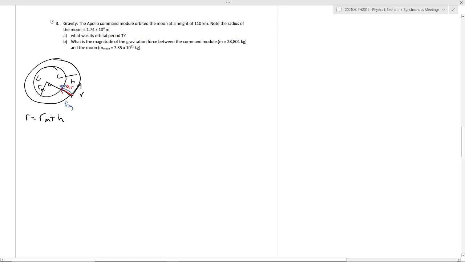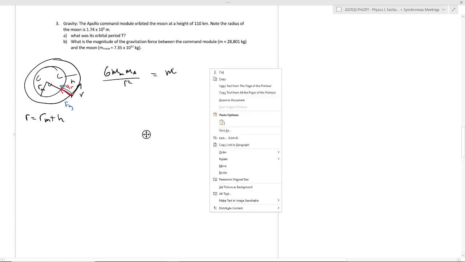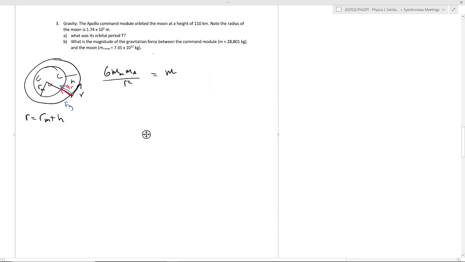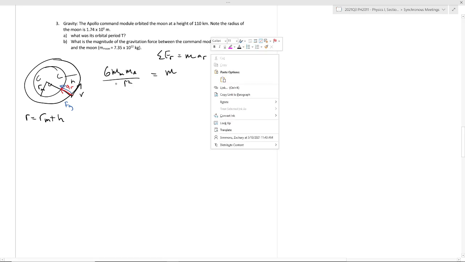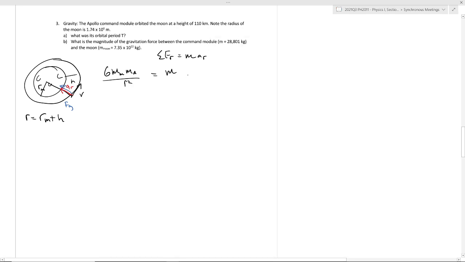And kind of the starting point for most all of these problems is the mass of the moon times the mass of Apollo over r squared is going to be equal to the mass times the centripetal acceleration, so really, let me back up a second. We look at the sum of the forces in r, and notice that that would be equal to the mass times the centripetal acceleration. The force that we're looking at is gravity, and so this would equal mv squared over r.